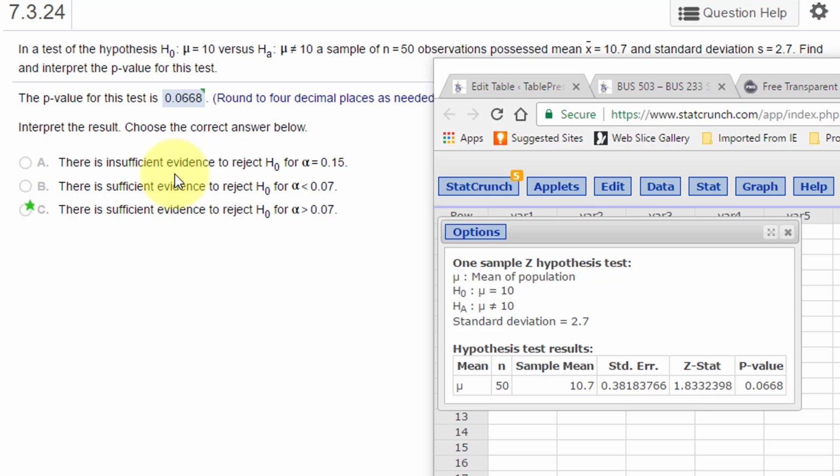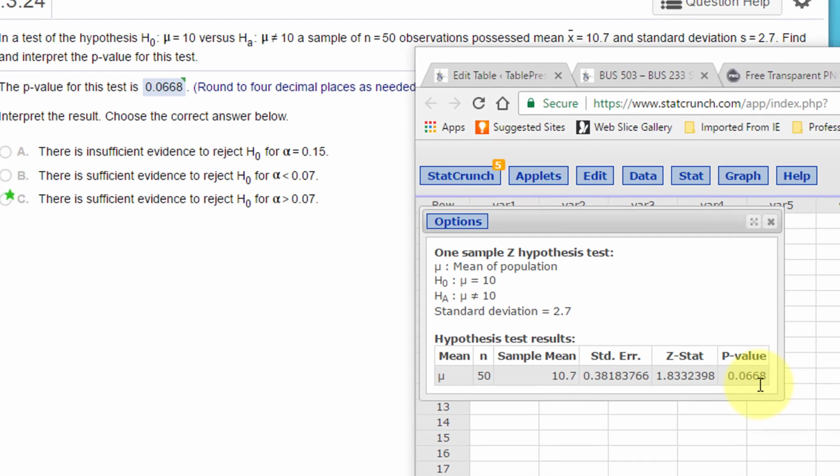And the first option there, alpha equal 0.05, there is insufficient evidence to reject for alpha. Well, no, our p-value is 0.07. That is less than an alpha of 0.05. So this is kind of poorly worded. But the main thing I want you to get is that for an alpha of 0.07 or greater, you would definitely reject.